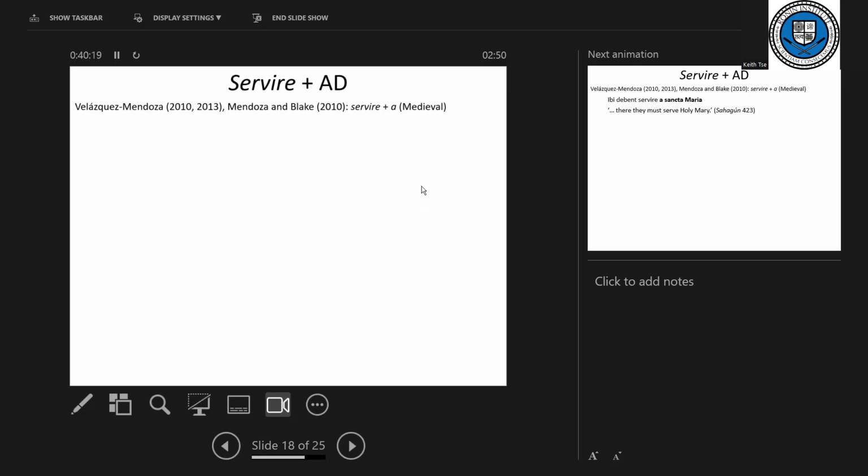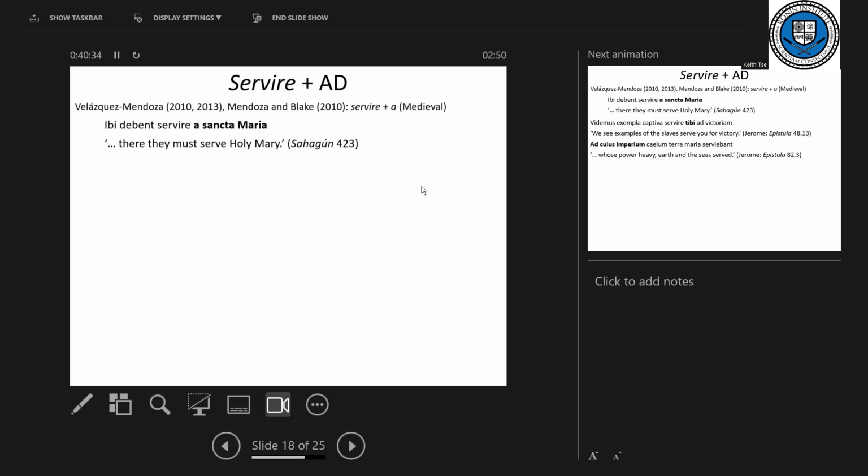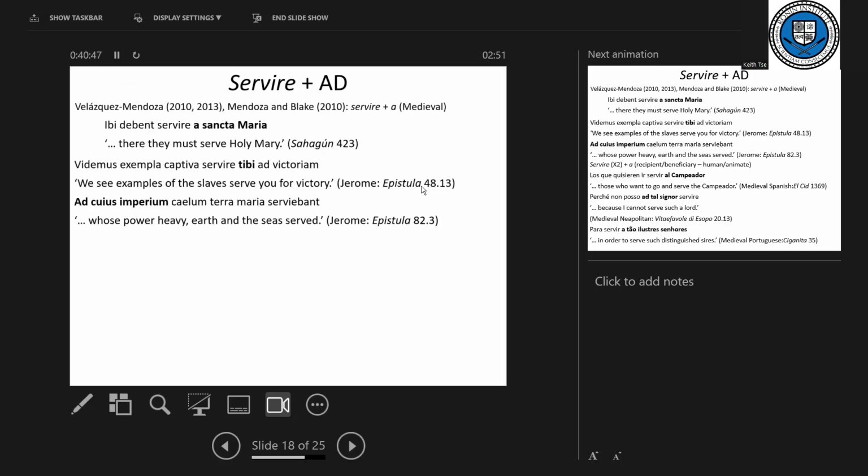Omar Velásquez Mendoza, and also Blake, have looked at medieval Latin. They've pointed out that servire regularly takes ad in marking the object. So, for example: "Ibi debent servire a Sancta Maria". In fact, there's an early example in Jerome's letters.